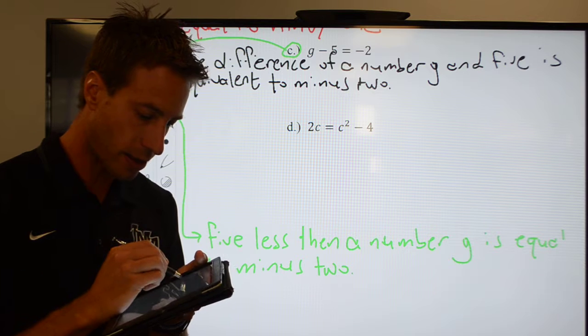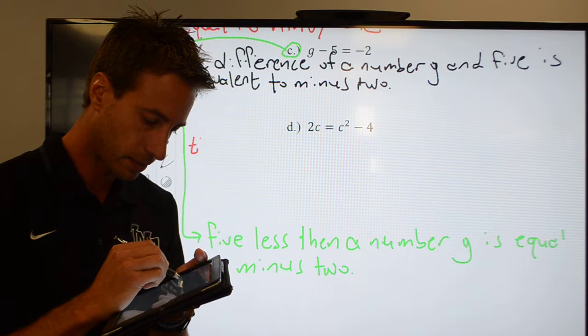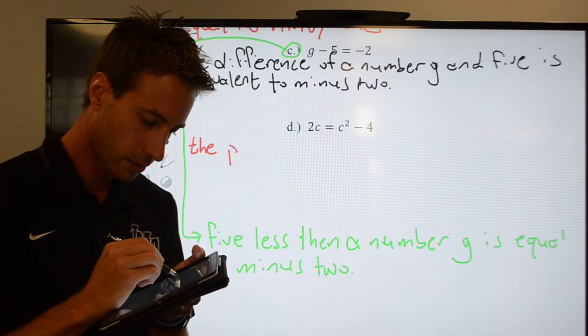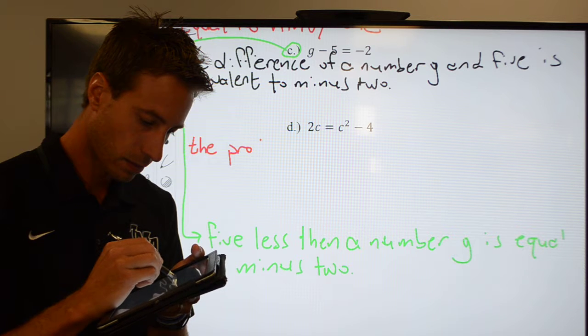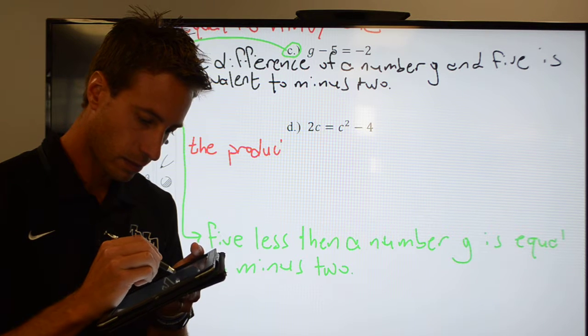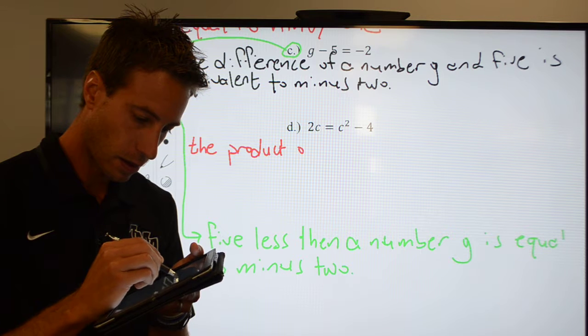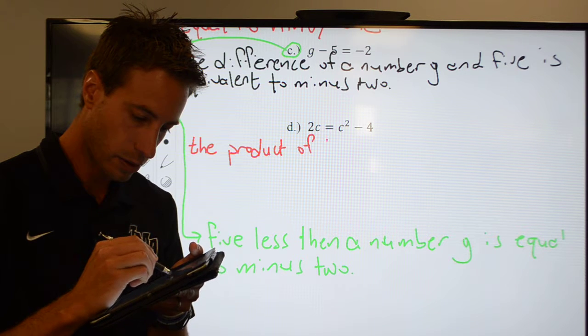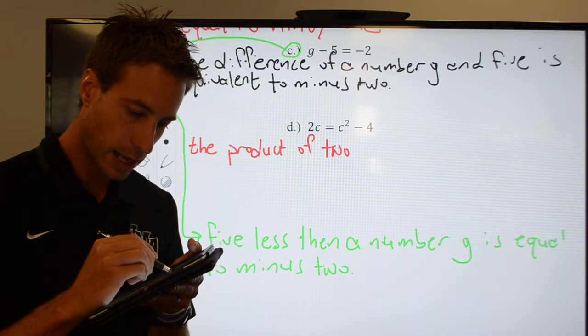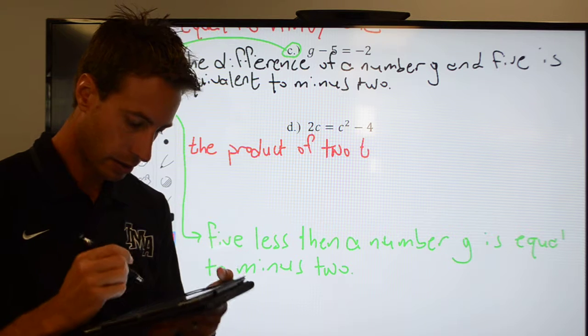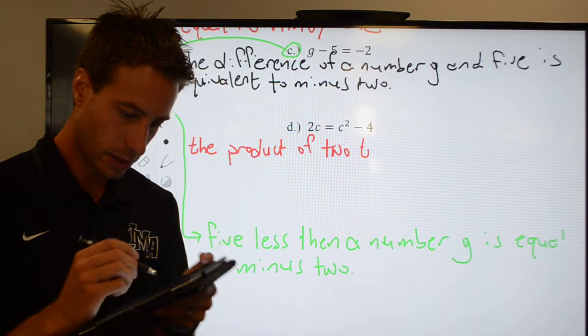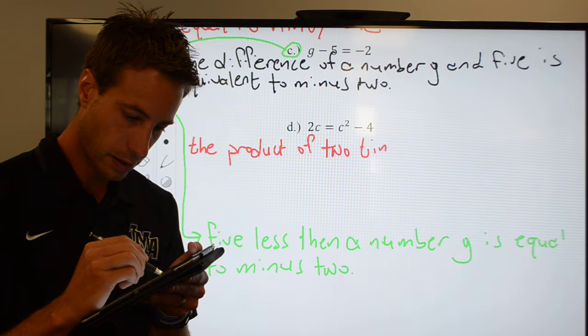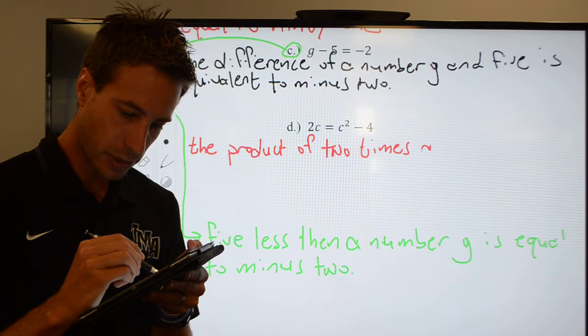Let's start off with the product of 2 times a number c.